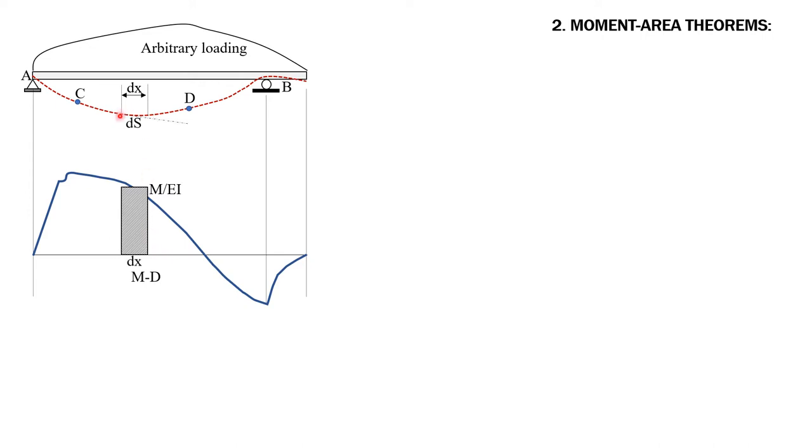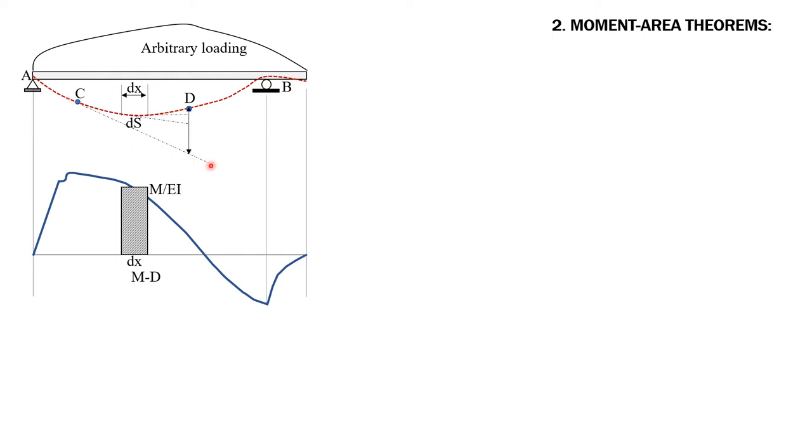So from the left side of this differential ds, we draw a tangent line, and from the right also a tangent line. The angle formed between the two tangents is, from geometry, also equal to the differential angle theta.